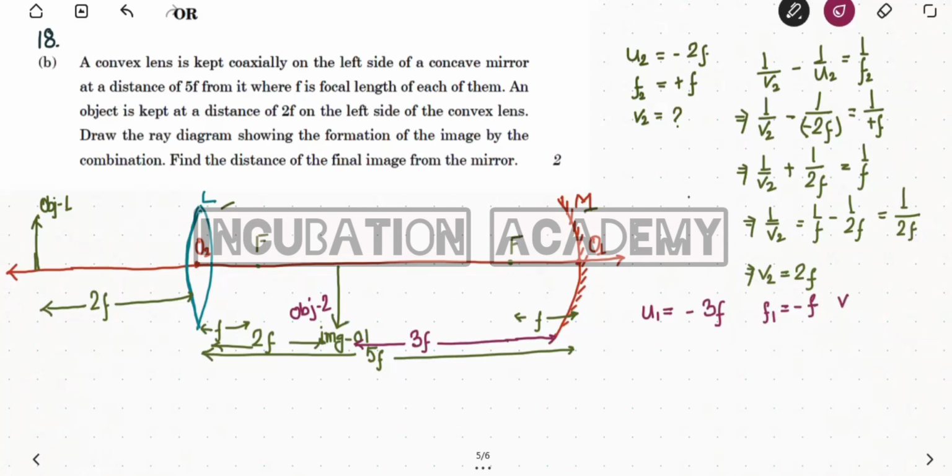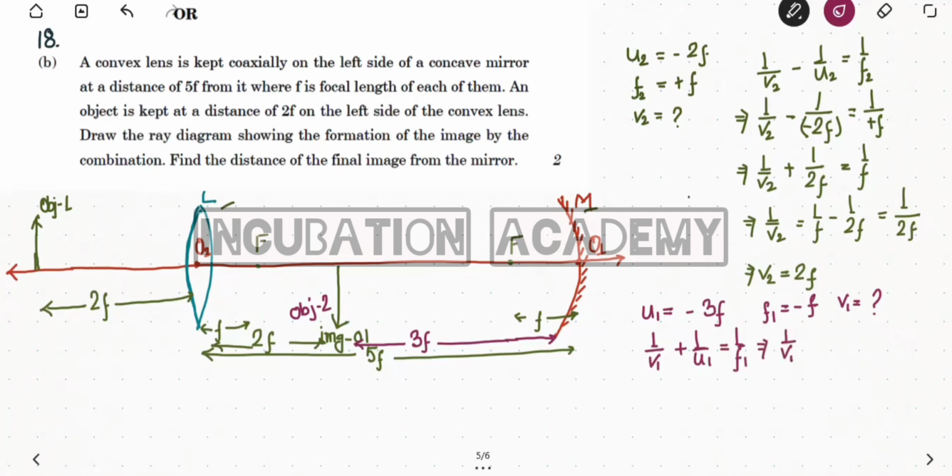The image is what we need to find. Writing the equation for the mirror: 1/v1 plus 1/u1 equals 1/f1. So what is v1? We need to find it.